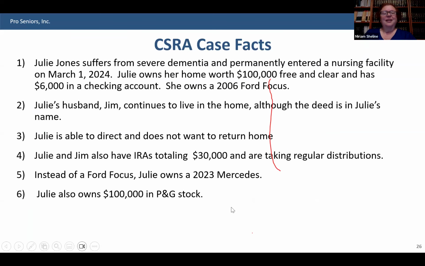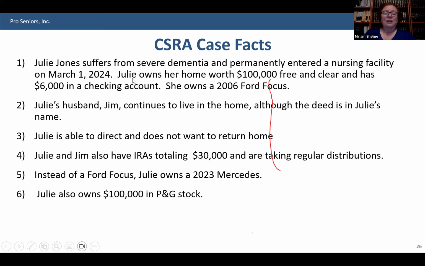So here's our case facts again. All right, going through that. The home, Jim is living in it, so the home is excluded. The car is excluded. The IRAs taking regular distributions are excluded. So what do we have left? We have the P&G stock of 100,000 and 6,000 in the checking account.